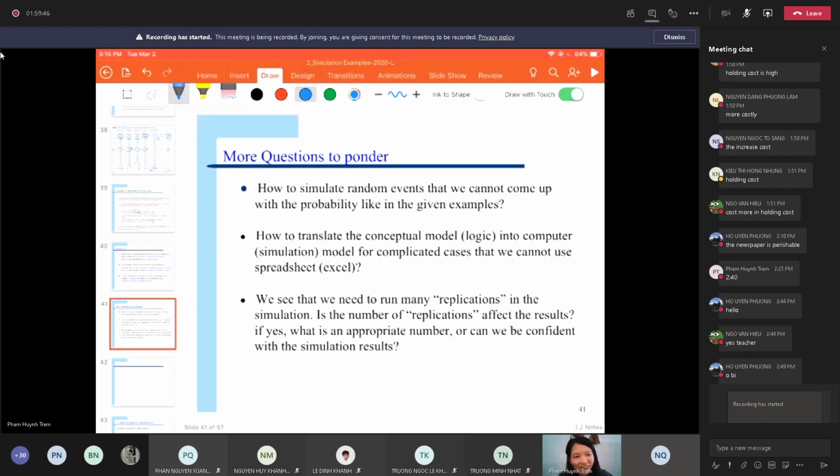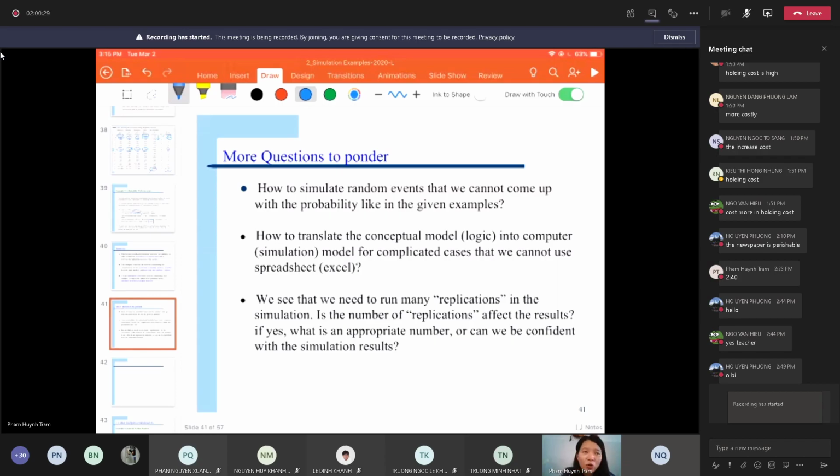Let's say in the examples, you see that we have to decide when we should stop the simulation. In one sample, we stop the simulation at 20 customers, or in the reliability example, we decide to simulate for 21,000 hours. But if we decide to simulate 10 customers, it will be very different from simulating 100 customers.